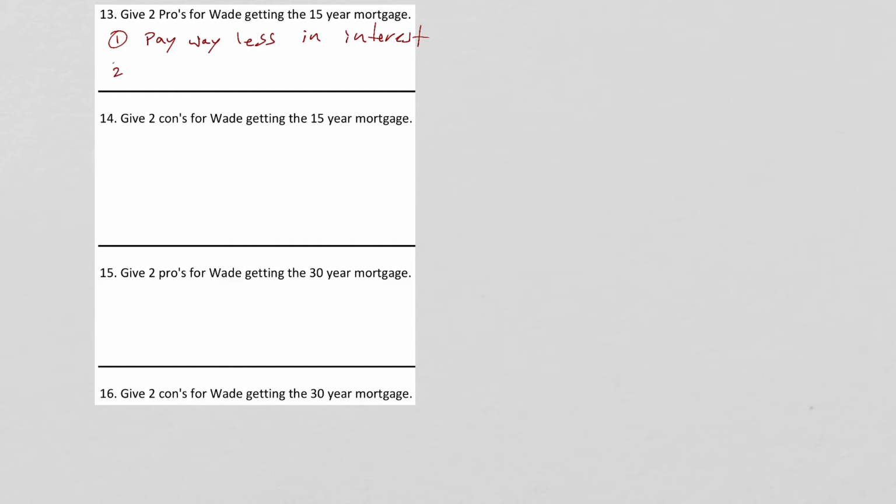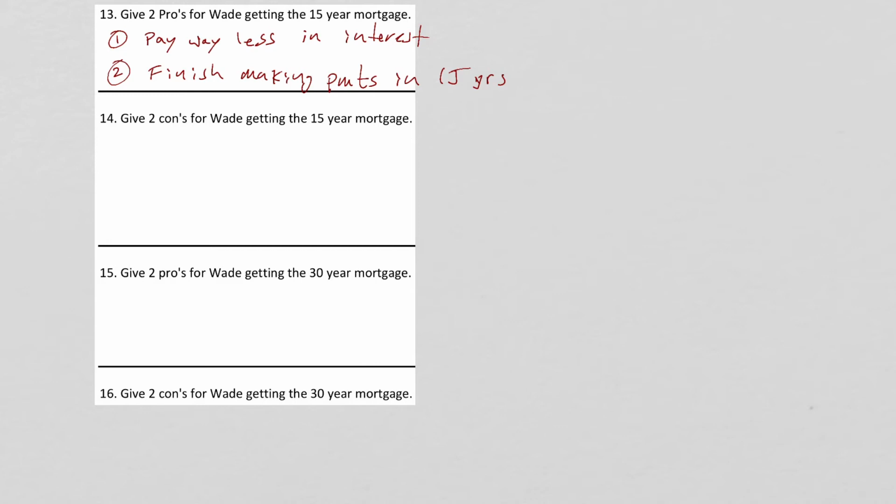And number 2 is you're making your payments in 15 years rather than 30. And that's very attractive to some people. They just want to feel like their home is free and clear. Again, I'm going to show you why that may not be the best financial decision to pay that off early, even if it means you're going to be making those payments into your ripe old age.